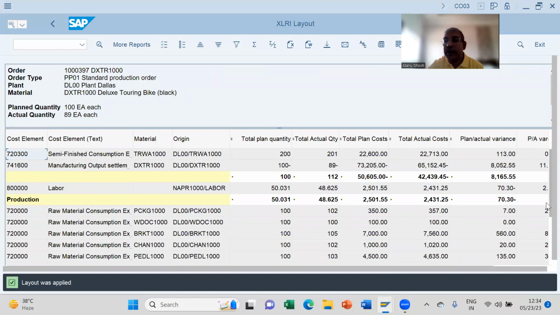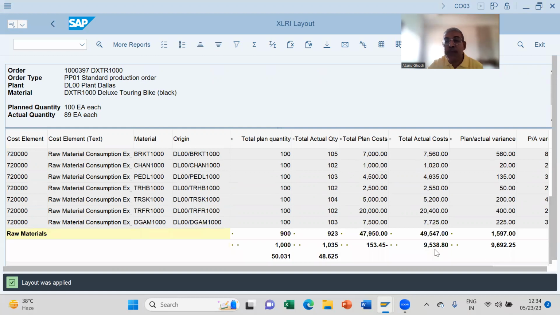Similarly for all the others. At every sub heading you have the summation, and at the end you have the final sum, and the final sum here is 153.45 minus.